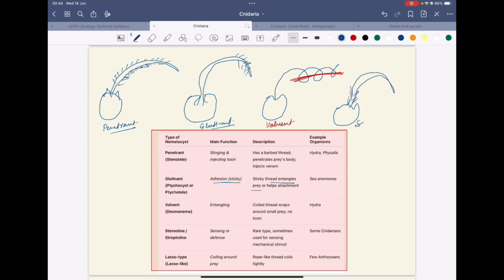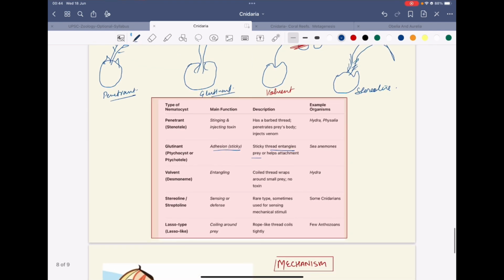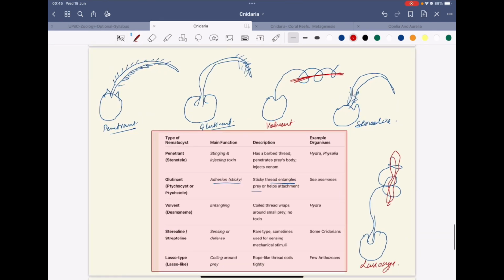So this is the stereoline. Then we have the lasso type, which helps in coiling around the prey. So these are the different types of nematocysts.